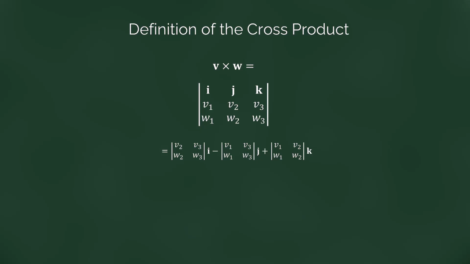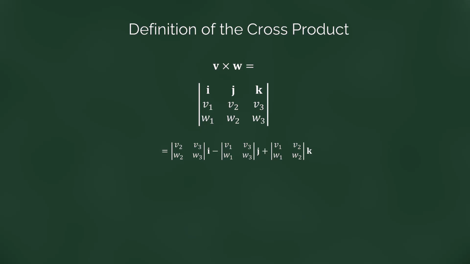Then we'll subtract the determinant of the matrix that we get by taking the I and K coordinates and multiply that determinant by the vector J. And then lastly, we'll take the determinant of the matrix that we get by taking the X and Y, or the I and J components of our original V and W vectors, and multiplying by the vector K. One key thing to remember here is that the determinant in the middle, we subtract that one off.